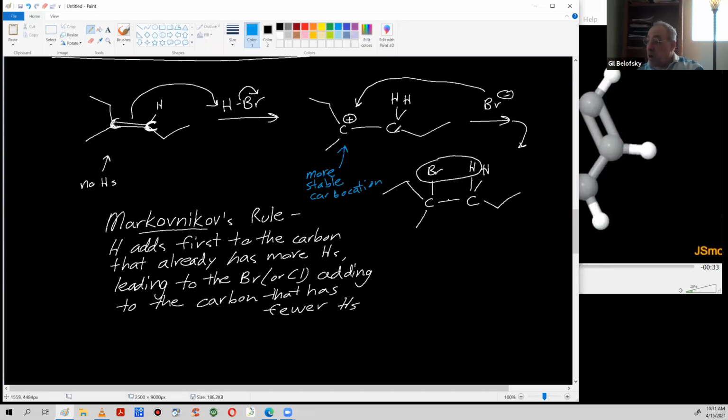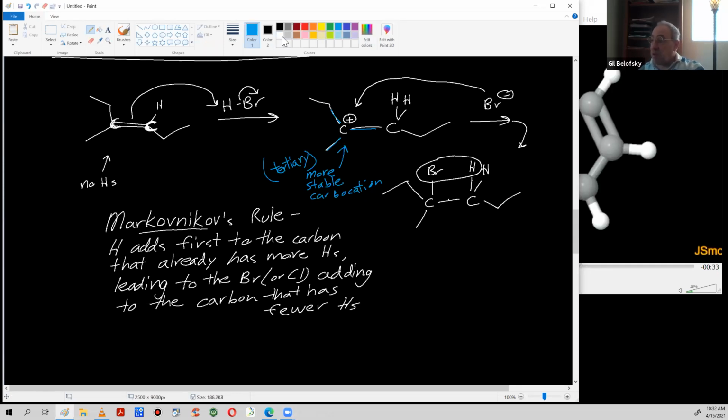That's a more stable carbocation than if the carbocation was here. Tertiary carbocation. We've used the words primary, secondary, tertiary. Tertiary: the carbon's got 3 other carbon groups attached and no hydrogens.